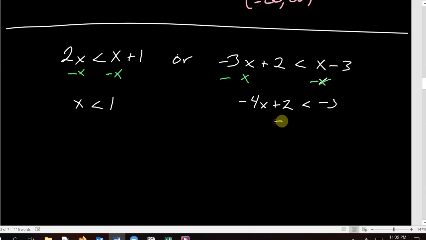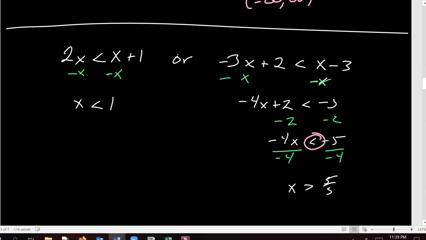Then we subtract 2 from both sides: negative 4x is less than negative 5. Now I need to divide by negative 4, and when I do, I need to flip the inequality symbol. So that's going to give me x is greater than 5/4, because negative divided by negative gives me a positive, correct?